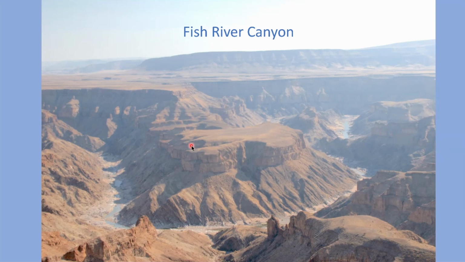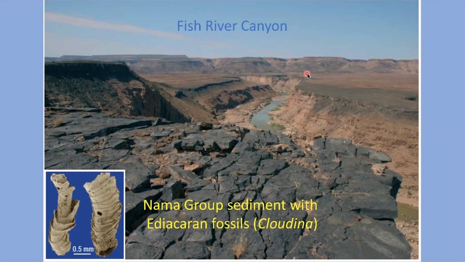Then to the north, as we carry on, once you cross the border, you can cut over to the Fish River Canyon, which is spectacular. This is the famous viewpoint, showing you one of the big bends in the Fish River Canyon. You can see the basement rock here at the base, and these are overlain by horizontal beds of the Nama group.